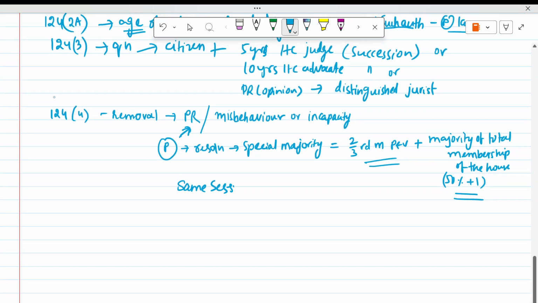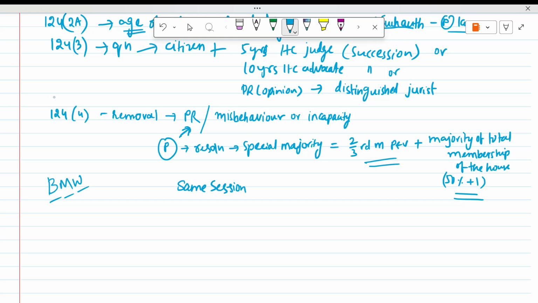This has to be done in the same session. For example, there are 3 sessions annually held by Parliament: budget session, monsoon session, winter session. You remember BMW. If in the budget session a resolution is introduced to remove a judge, then that bill should pass within the budget session.